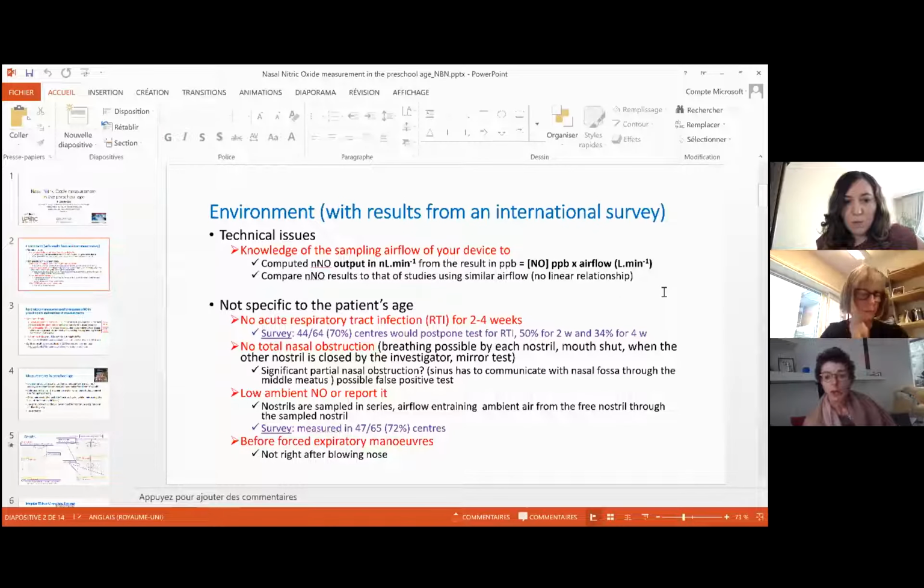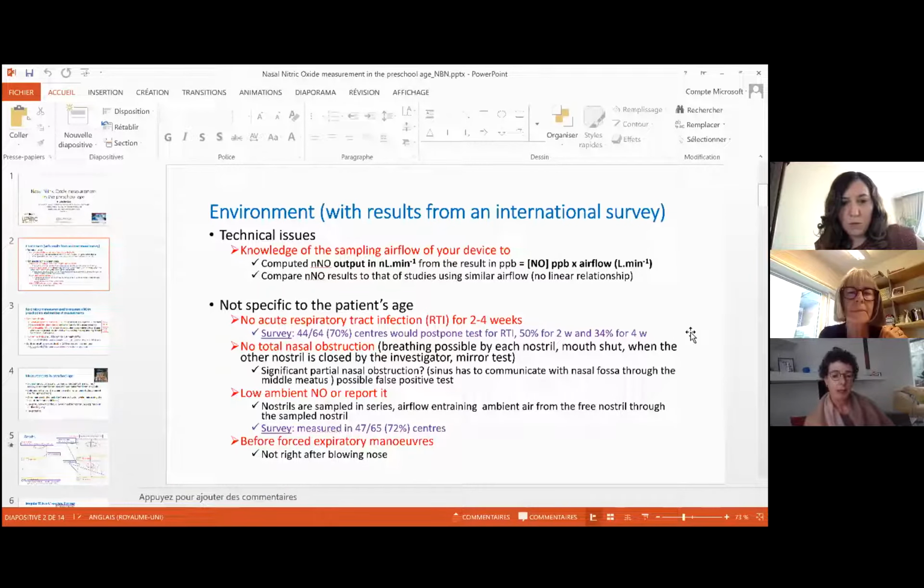The thresholds are generally given in output, but the concentration will depend on the airflow of the machine, and there is no linear relationship. So if you're using a machine that has a very different sampling airflow from the cutoff you wish to use, it's wrong. It's not good. You will have a wrong interpretation. So that's the first issue I wanted to point out.